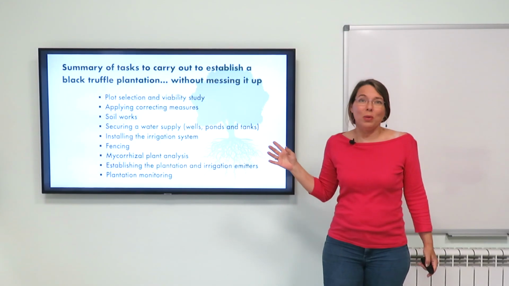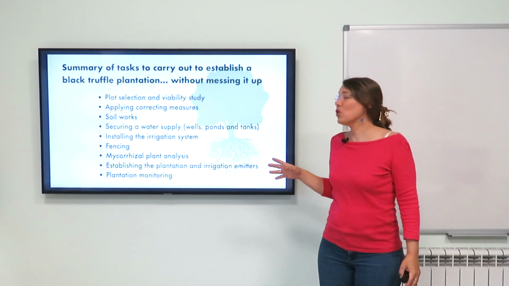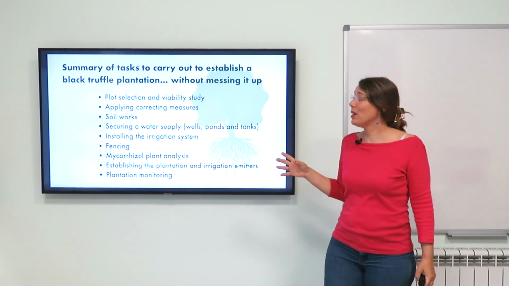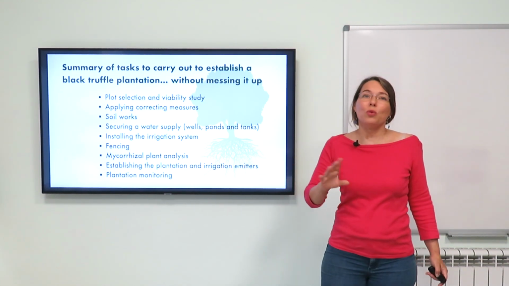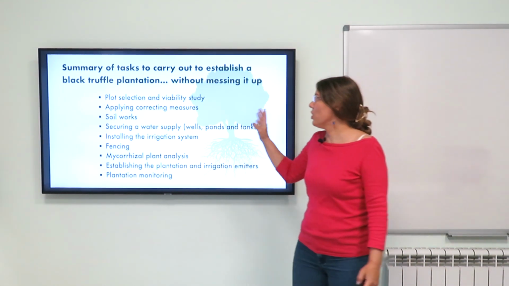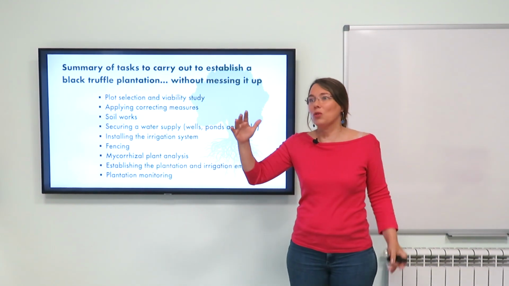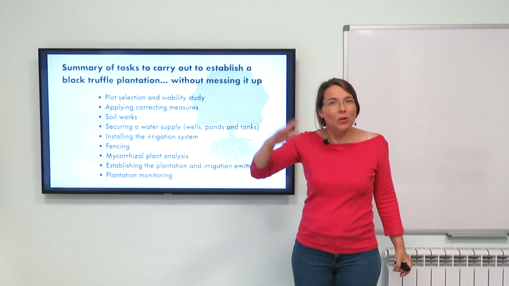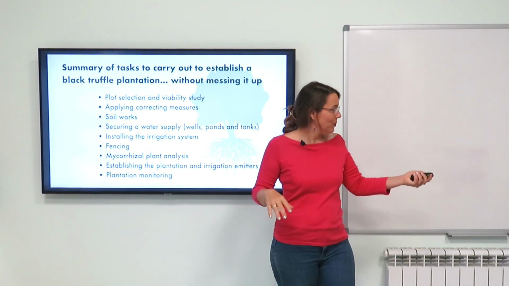What soil works are basic, water supply, irrigation system, fencing, mycorrhizal analysis, how to establish the plantation, and plantation monitoring. We are going to talk 2 or 3 minutes about each one of these. So when you finally decide to do it, at least you have, you know, like a timetable of the things you're going to have to do and a little bit of what they mean.